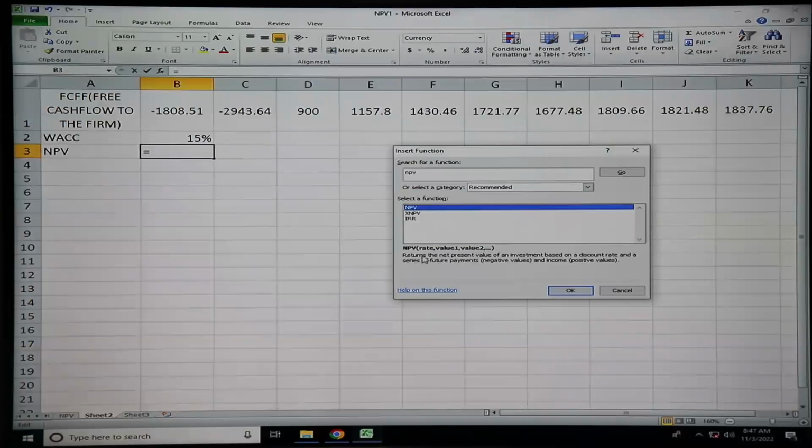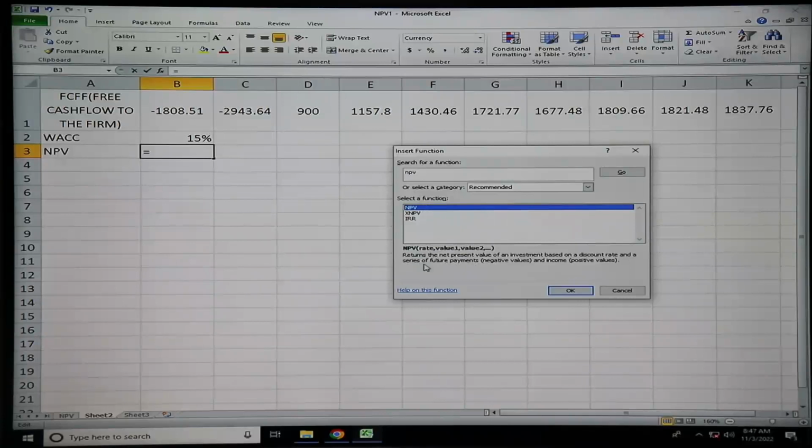And you'll find that this function will return the net present value of an investment based on a discount rate and a series of future payments. If you don't have a series of future payments, then you cannot use this function. You can use the formula directly, use cell addresses, and compute that the way we did in our first exercise.